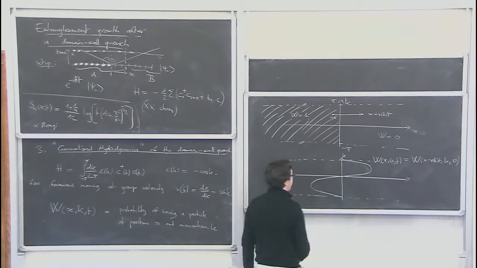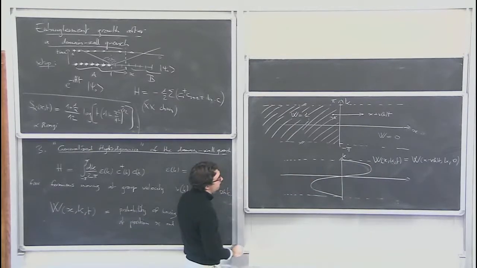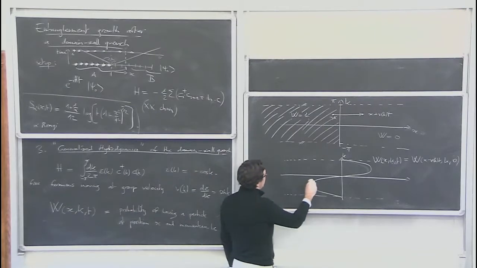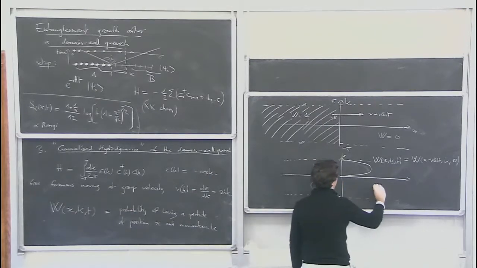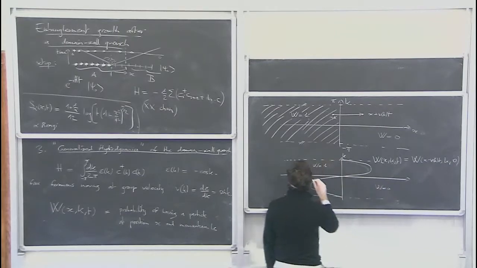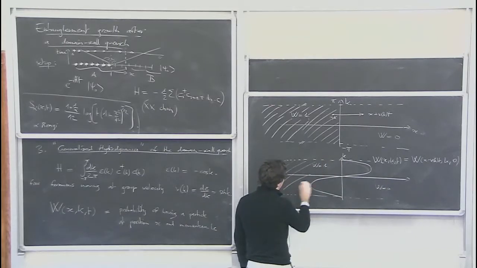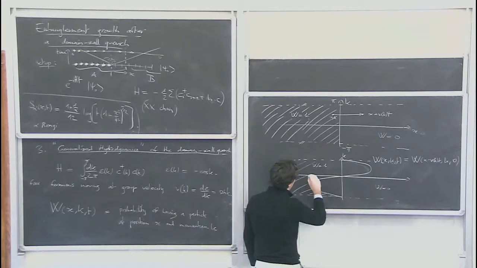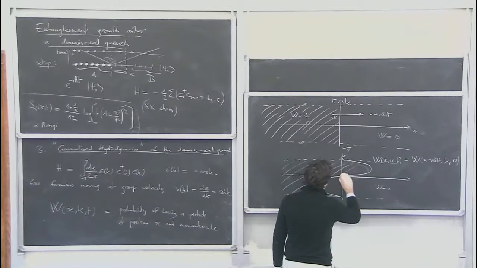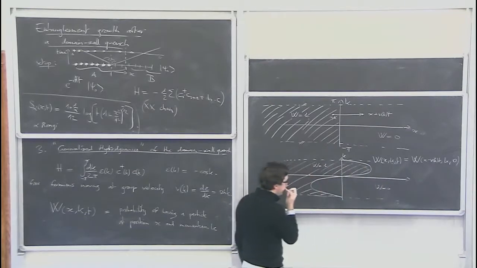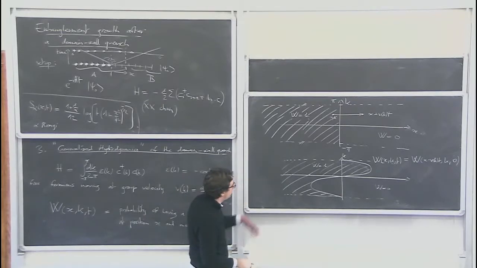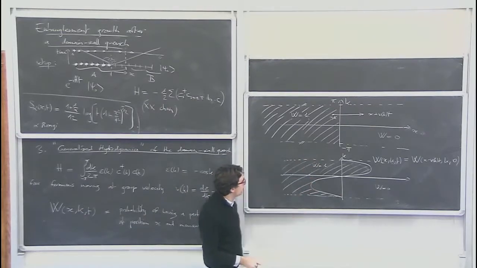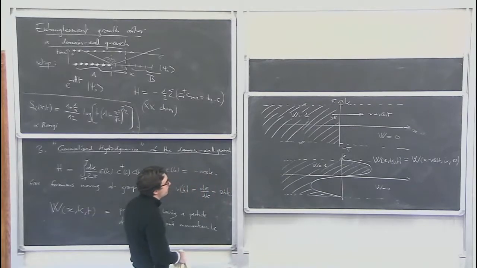So this means that now W is going to be 1 on this side and W is going to be 0 on that side. Okay, so this is the phase space occupation after time t in this semi-classical picture.